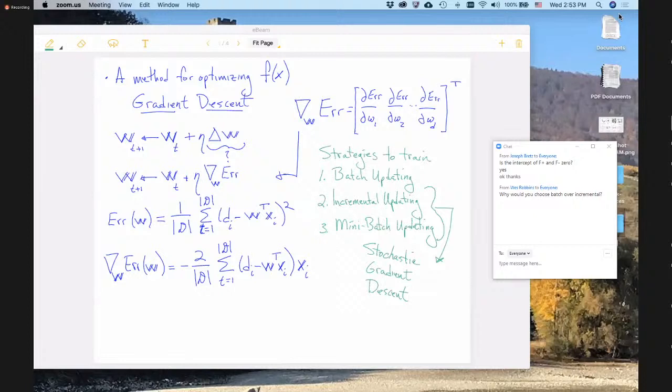Why would you choose batch over incremental? That is a very good question. So one of the issues that you run into, in fact, I'm glad you asked it the way you did. The incremental approach, you can argue, should learn faster because you are doing more frequent updates.